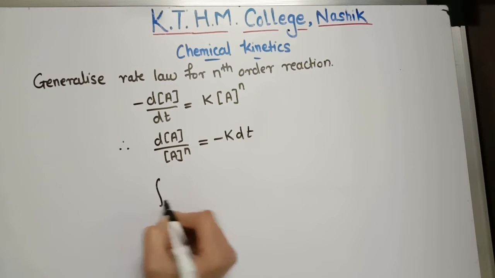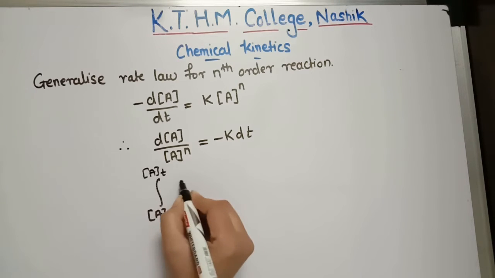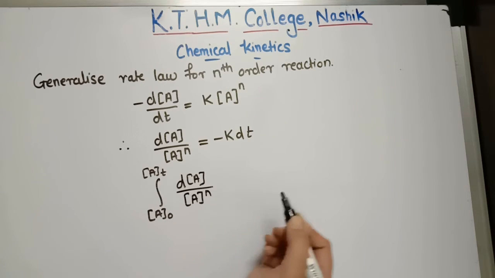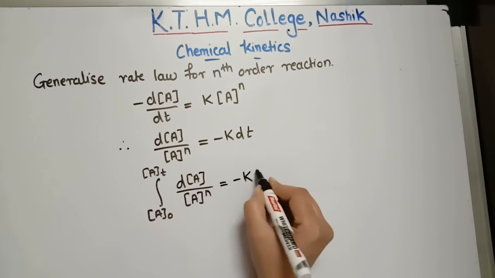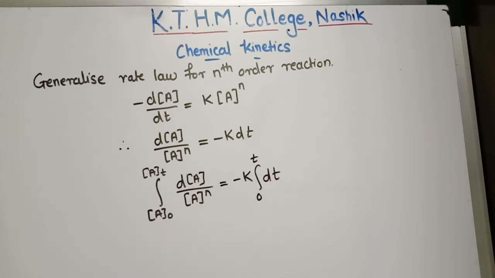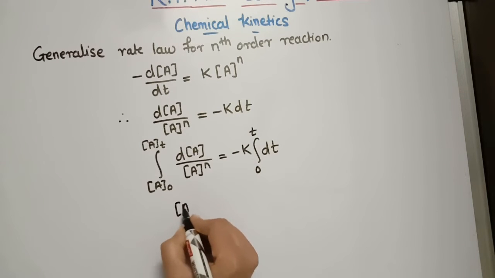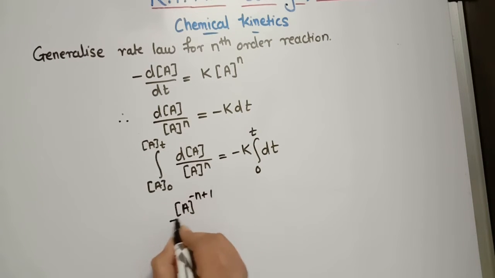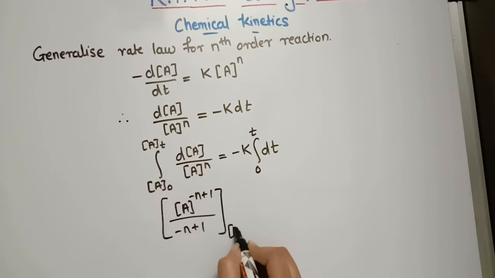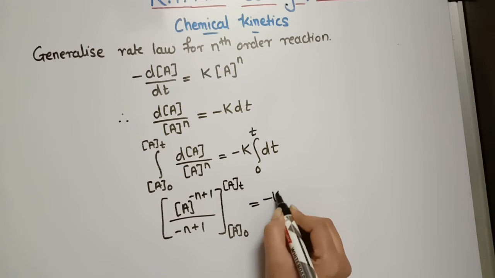Here integrating from A naught to At, dA upon A raised to n is equal to minus k, constant, integration from 0 to t dt. So now this answer will be A raised to minus n plus 1 upon minus n plus 1. The limits will be A naught to At, which is equal to minus kt.